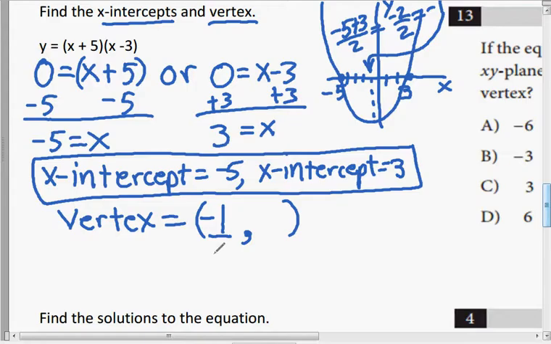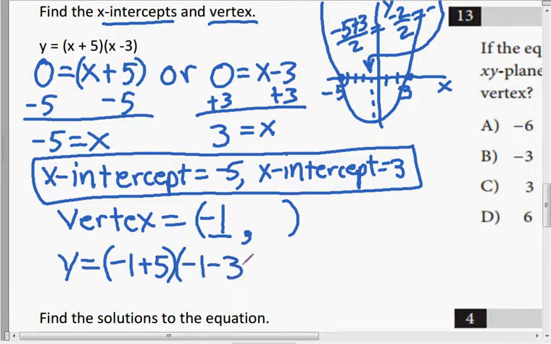So here, for my vertex, y equals, at my vertex I know x is negative 1. So I put negative 1 plus 5 and negative 1 minus 3. Negative 1 plus 5 is the same as 5 minus 1. That equals 4.